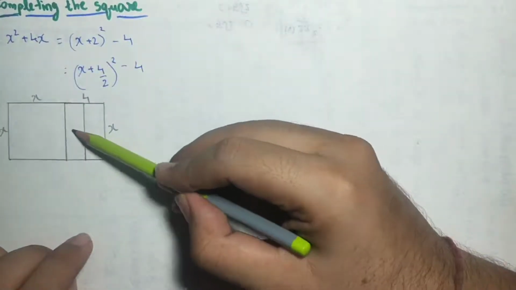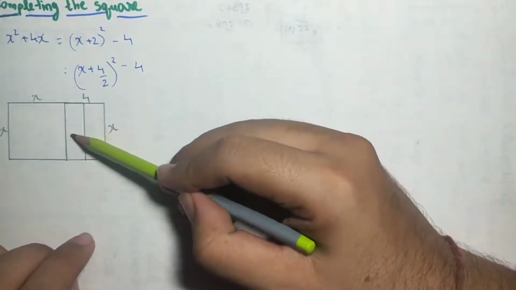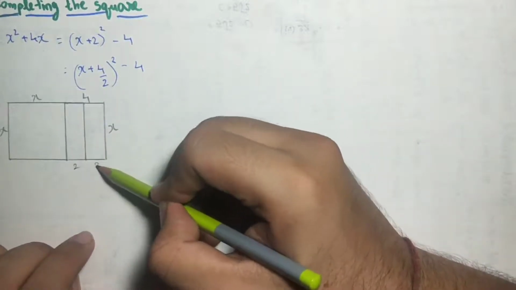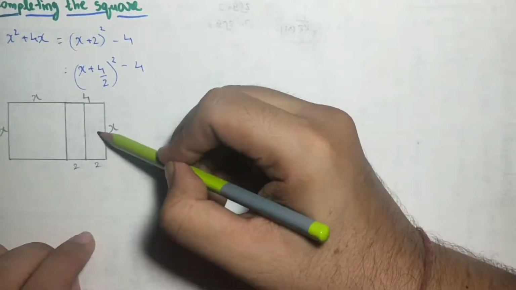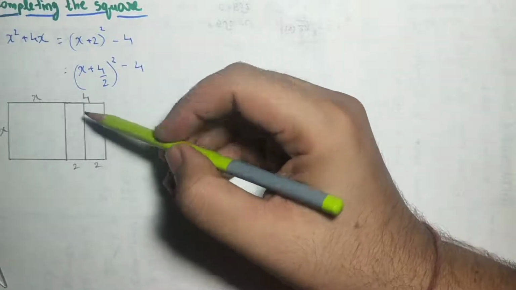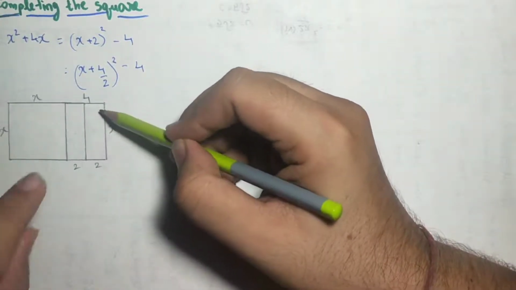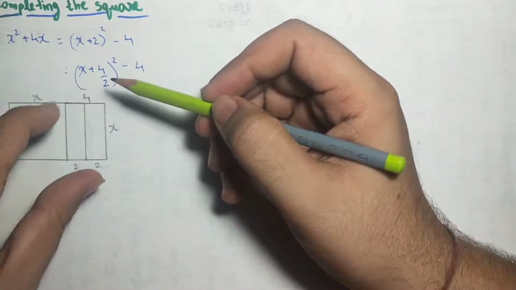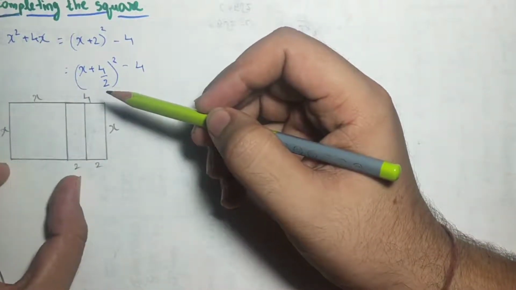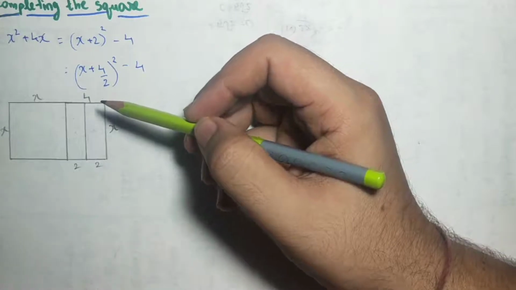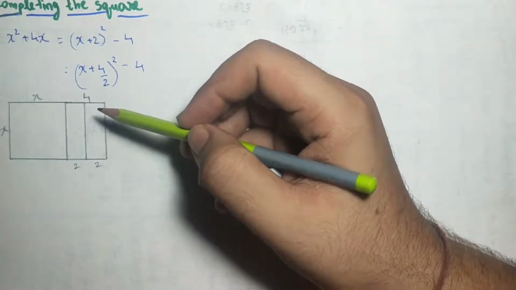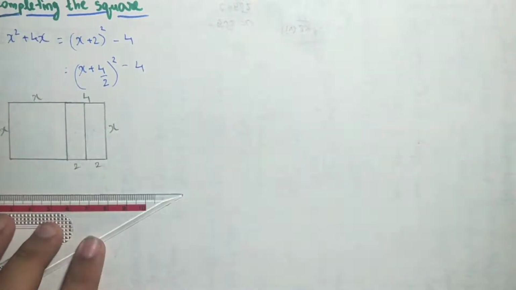So the dimensions of these two rectangles will be 2 and 2, so this will be 2 into x and this will be 2 into x. Out of these two rectangles, I am taking one and fitting it just below this square. The new figure will be something like this.